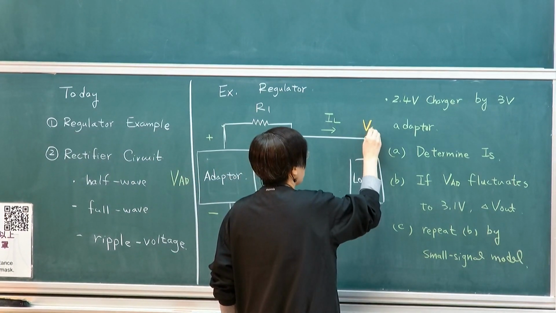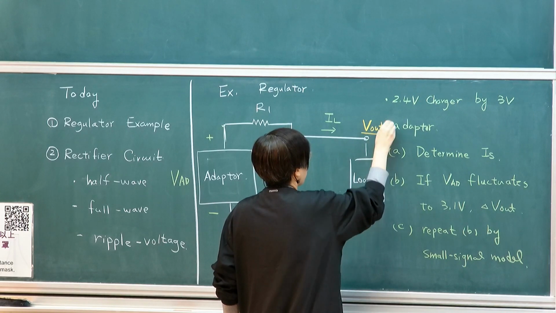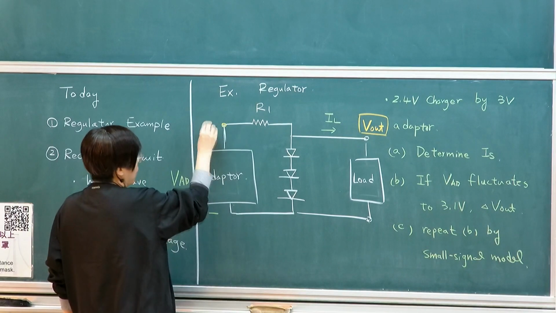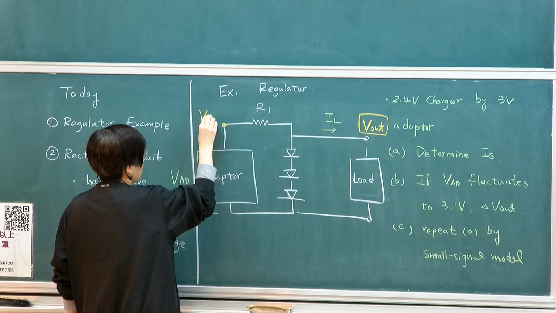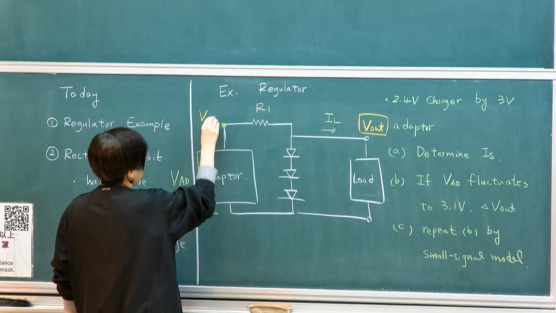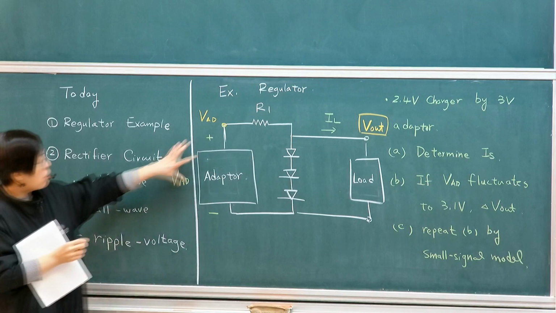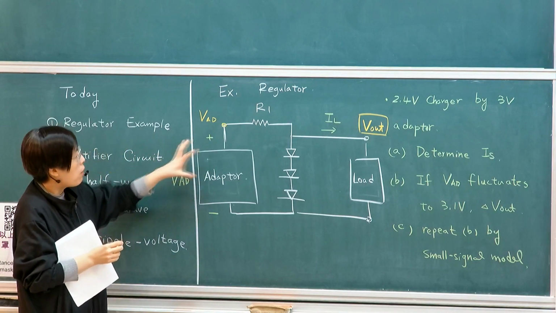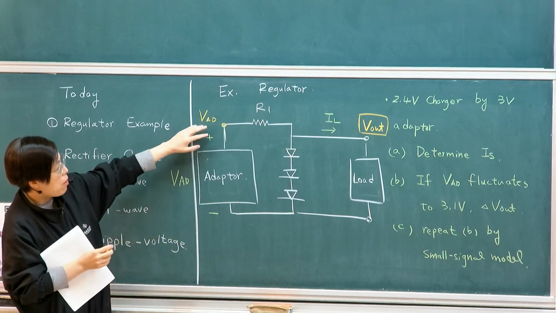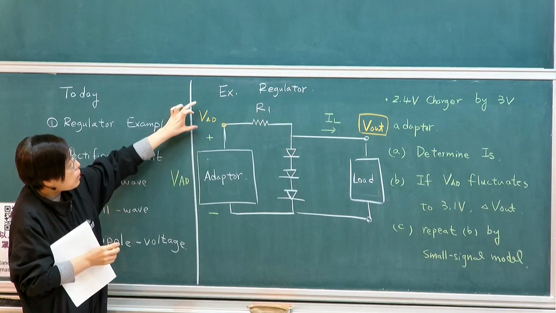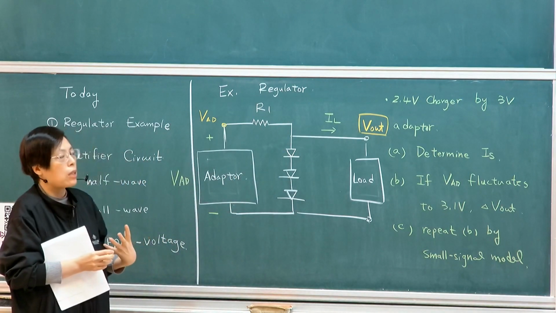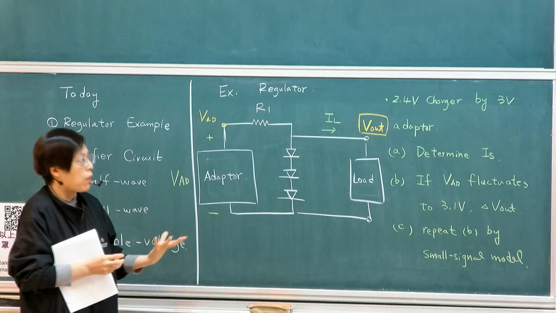This is the output of the circuit, which is used for charging. Coming in from the adapter, this is the terminal we call VAD. The adapter, coming from your power outlet and rectifying circuit, has a ripple voltage. We're going to talk about that later. But assuming this is your input, through a regulator circuit you want to make sure it's much more stable. That's the basic idea of a regulator circuit.